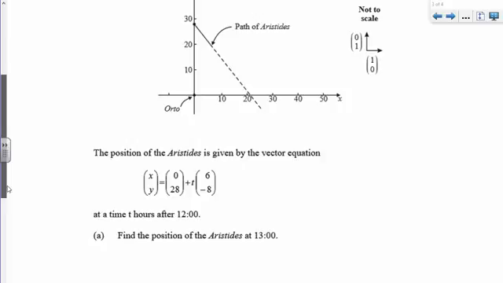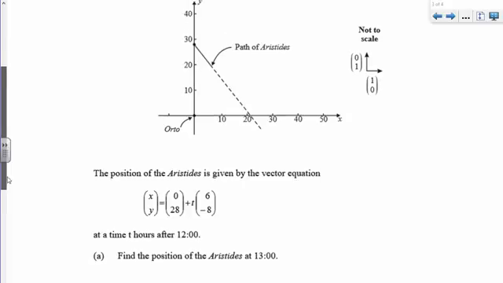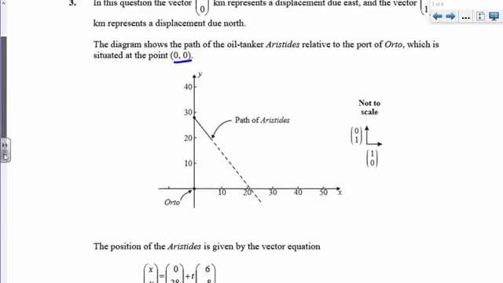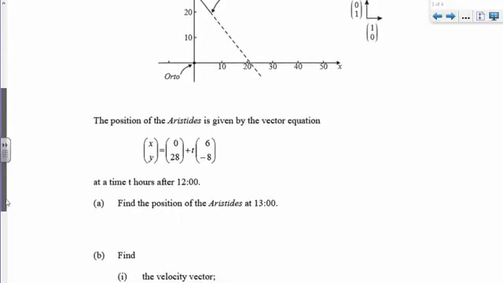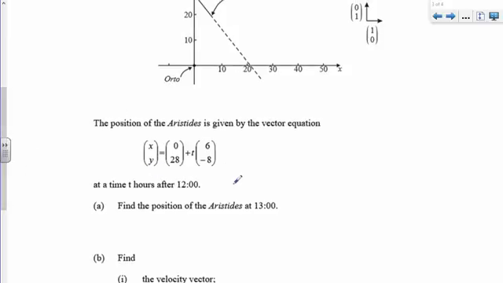So find the position, so after 12. I guess we're assuming that's 12 noon. It could be 12 in the morning. So we'll see. Find the position of the Aristides at 1300 hours. Okay, so yeah, I was going to say this is noon then. If we're at 1300 hours and t's hours after 12, then t is going to be 1. Because at 1200 hours, if we add 1 hour to that, we're going to get 1300 hours. So we're going to take this value 1 and substitute it in here. That's all that really is, so it's pretty straightforward.